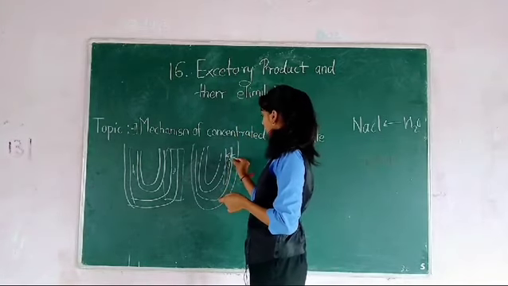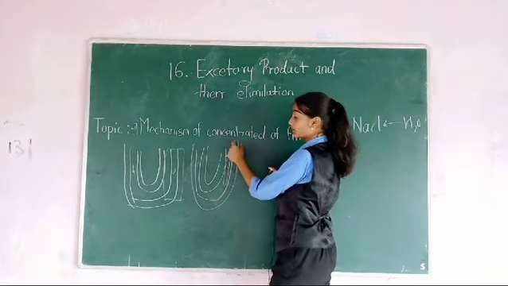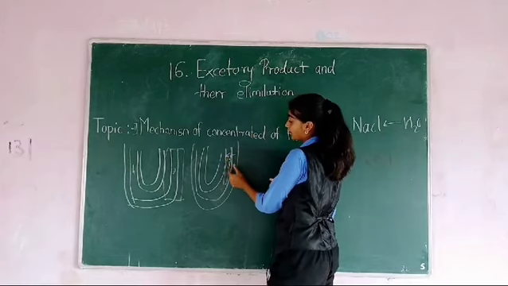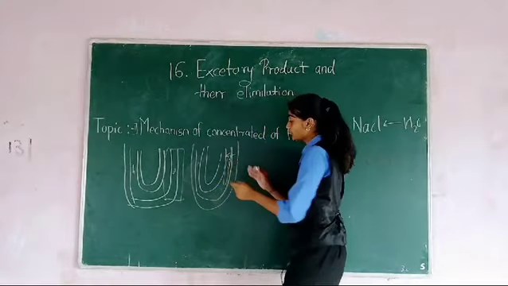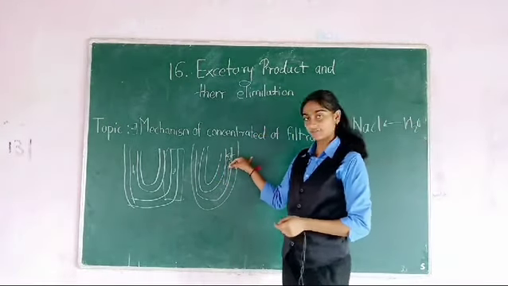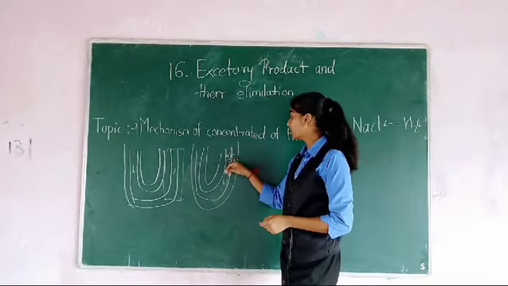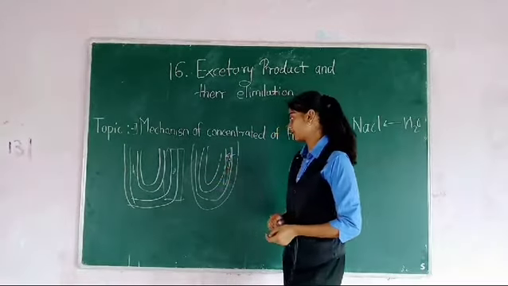So from the vasa recta, water gets outside and NaCl goes into the vasa recta. The NaCl is transferred to the vasa recta and water is transferred to the space between the loop of Henle and the vasa recta.